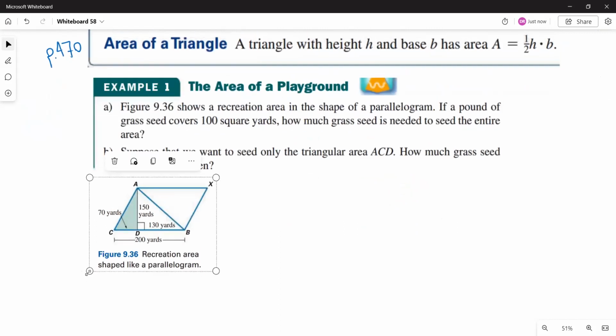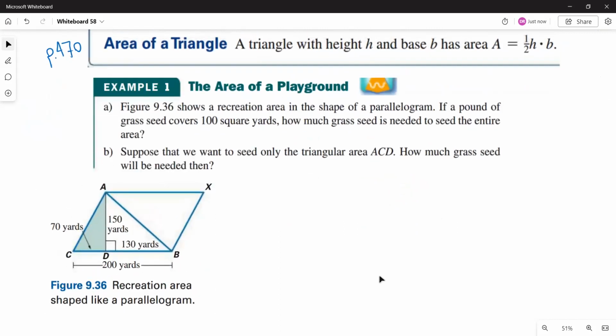Okay, so the figure below shows a recreation area in the shape of a parallelogram. If a pound of grass seed covers 100 square yards, how much grass seed is needed to seed the entire area?